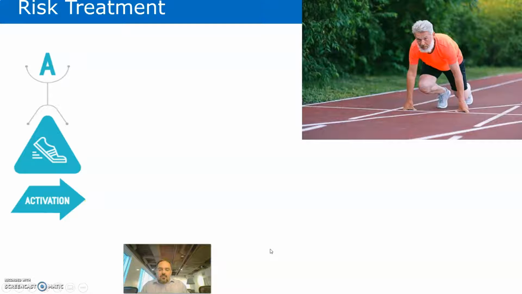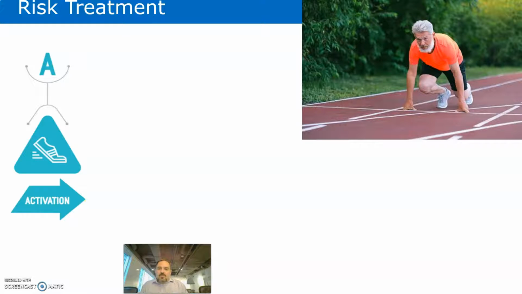So what is activation? Activation is the first step. Just like projects, your risk treatment also needs to have a start and ending. Somebody has to say, okay, it's the right time to do something about it.